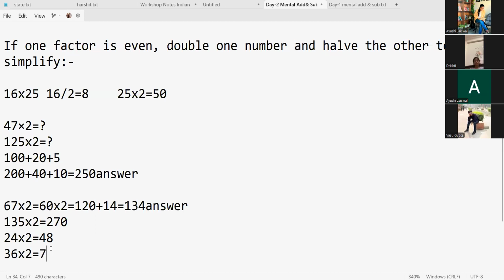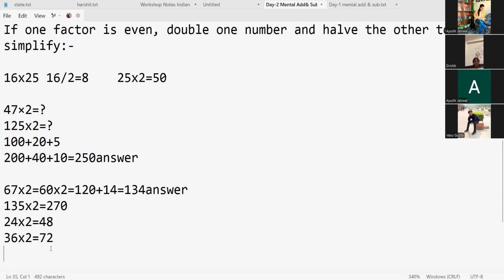72. Very good. Now we move to bigger numbers. For example, 84 multiplied by 2. Now do this one. 168.